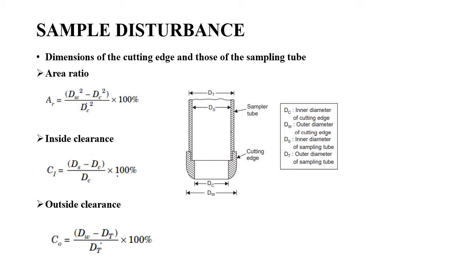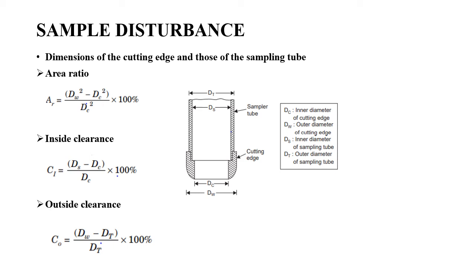So the inside clearance should be such that the soil sample will be retained very well within the sampler tube itself without falling down, as well as undergoing very little disturbance.